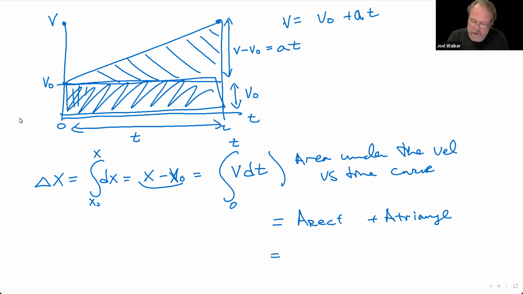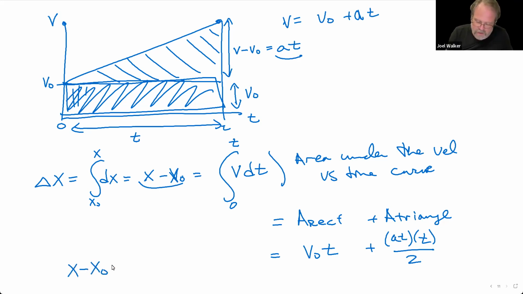What was the area of the rectangle? Width t, height v naught. So that was v naught t. What was the area of the triangle? 1/2 base t times height at. In other words, what?